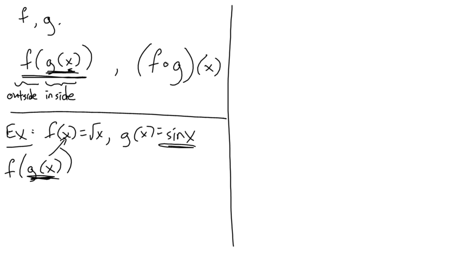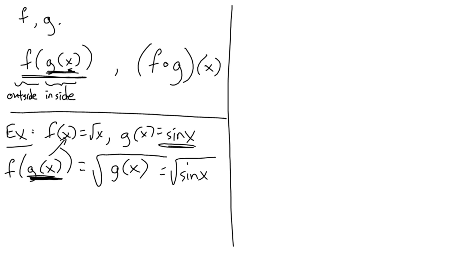You want to think of f, not f of x, but just f as square root. So when I say f of anything, that means the square root of that thing, whether the thing I'm putting in is x or y or 3 or sine x. f takes any input, anything you put inside f, and it spits out the square root of that input. So when I take f of g of x, that means I do the square root, that's what f does, square root of whatever, square root of g of x, which, as we can see, is the square root of sine of x.